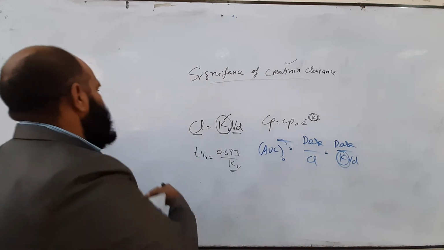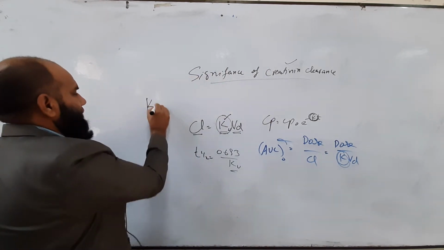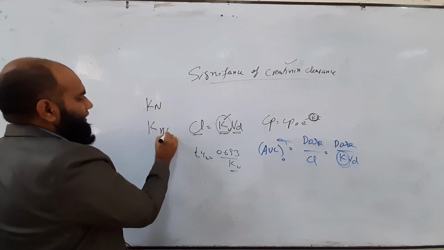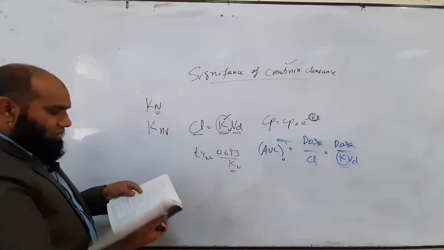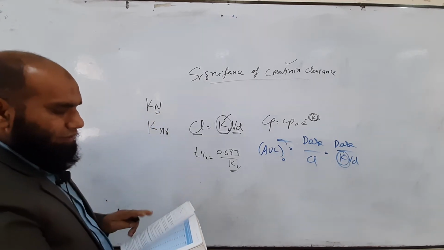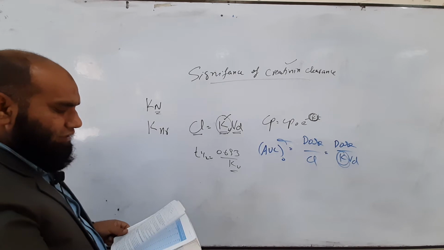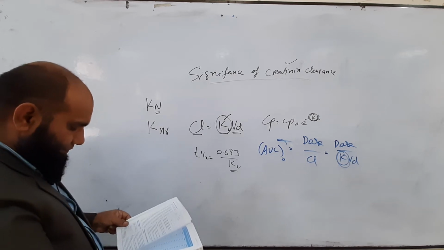One is Kn and the other is Knr. Kn and Knr are both rate constants.